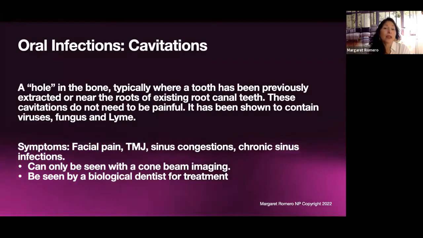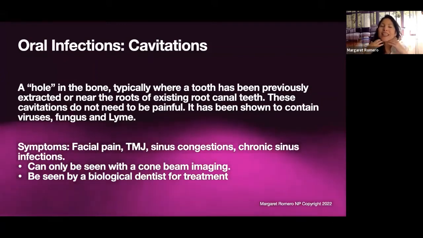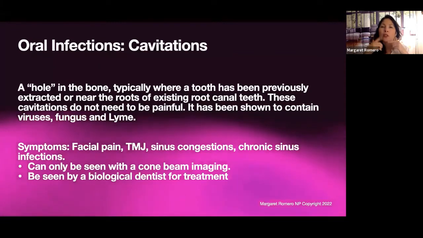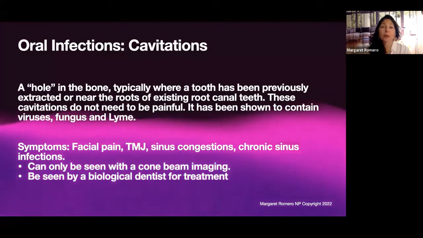Why is that? Because the teeth are part of your body. It's not separate. I don't know if people think it's separate, that it just stops right here. It doesn't. It goes into your bloodstream. If you have infections in your mouth, it's going into your bloodstream. It's causing an inflammatory response. And lupus is about inflammation. Autoimmunity is about inflammation.